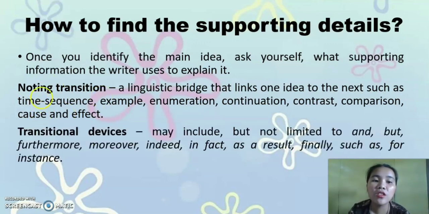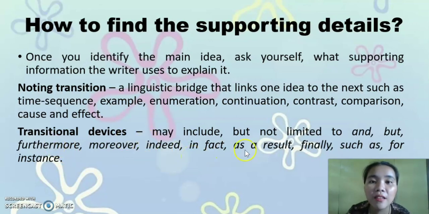Now, transitional devices may include, but are not limited to, and, but, furthermore, moreover, indeed, in fact, as a result, finally, such as, for instance. These transitional devices are also clue words that this is a supporting detail.